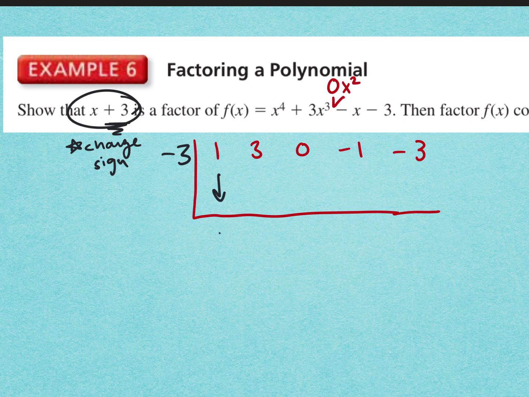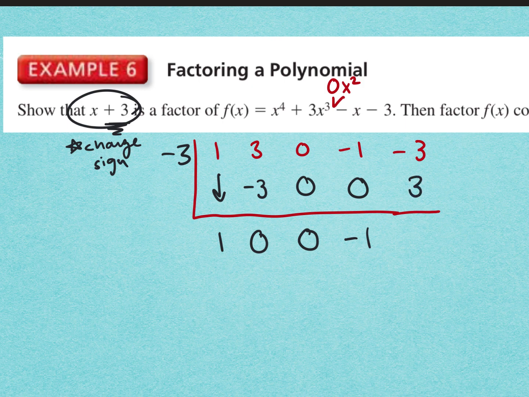So we drop down the 1. On the outside, multiply, so we get negative 3. Negative 3 plus 3? 0. 0 times negative 3? 0 plus 0? Negative 3 times 0? Negative 1 plus 0? And negative 3 times negative 1?